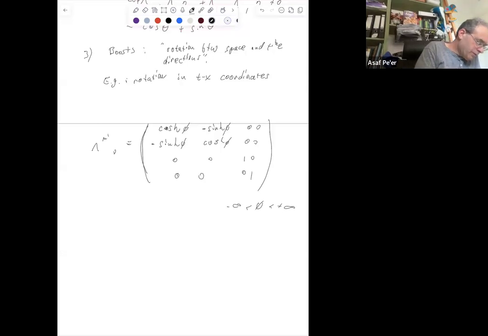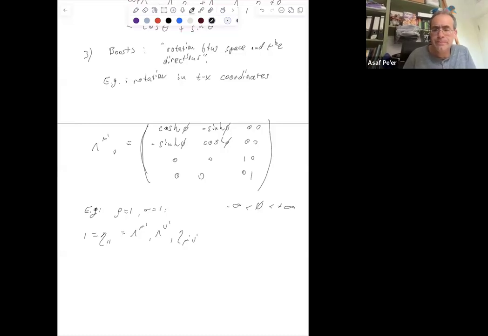For example, again, we select rho equal 1, sigma equal 1. Then we get eta 1, 1, which is 1, and lambda mu prime 1, lambda mu prime 1, eta mu prime mu prime. So which one is not 0? What would be the only non-zero components here?